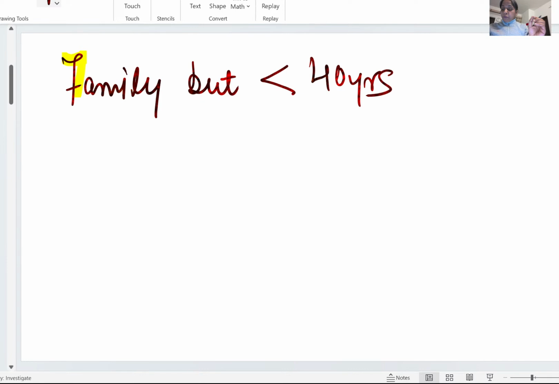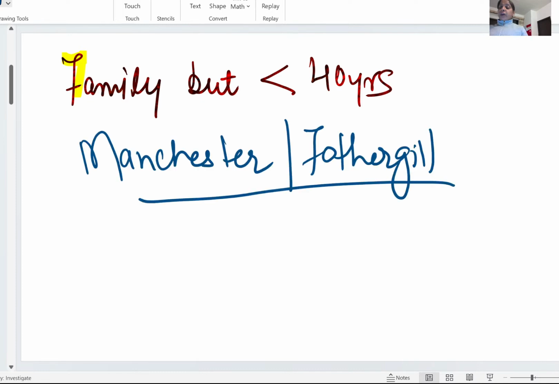So if the family has been completed and the age is less than 40 years, then the surgery we do is Manchester or Fothergill. What do we do in the Manchester and Fothergill?